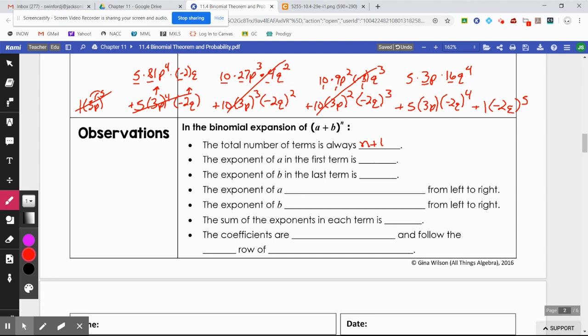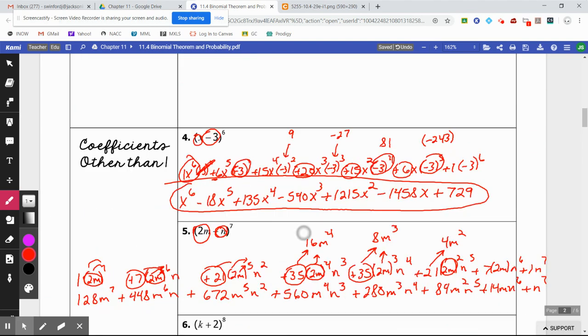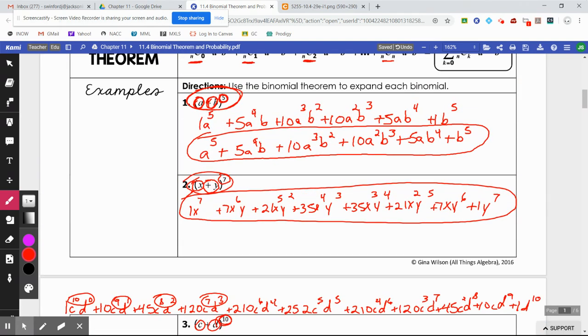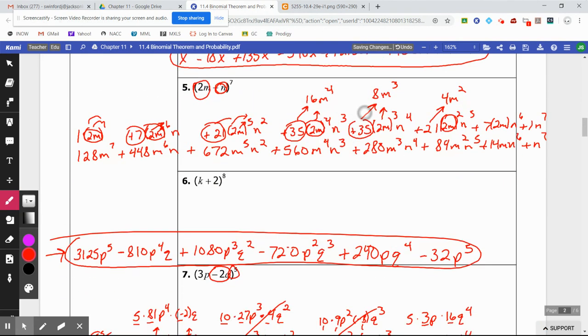The exponent of a in the first term is. Whenever you start with a, you do a to the nth power, and then you count down from that. So the exponent of that a term will always be n, and then you count down. The exponent of the b in your last term, if we scroll up here, the exponent of my b in my last term was b to the fifth, because we start with 0 when we count up.